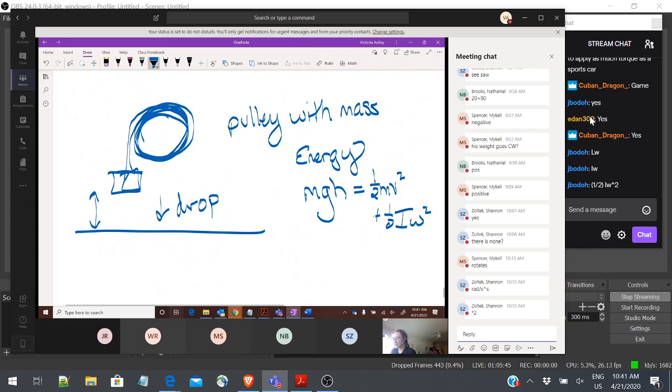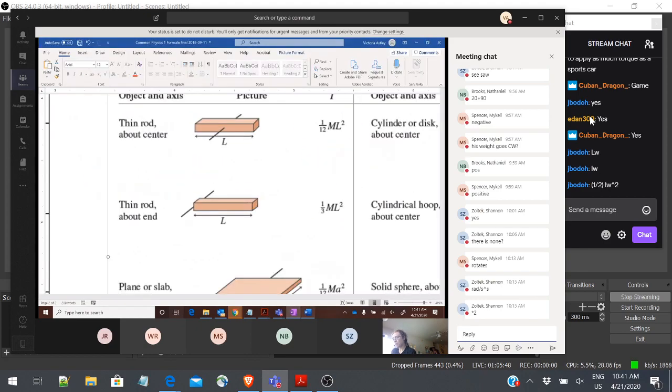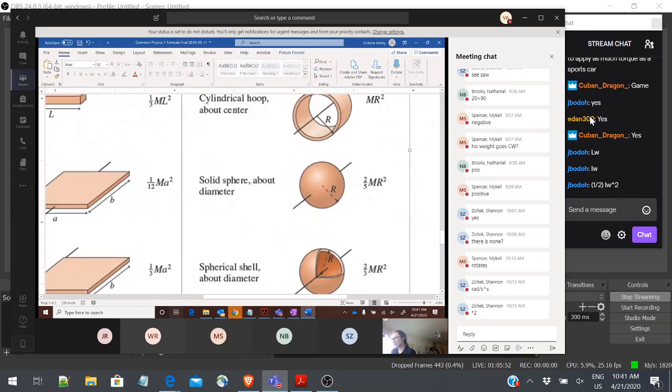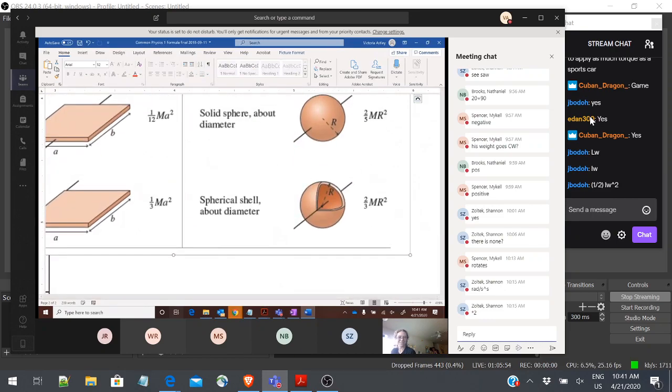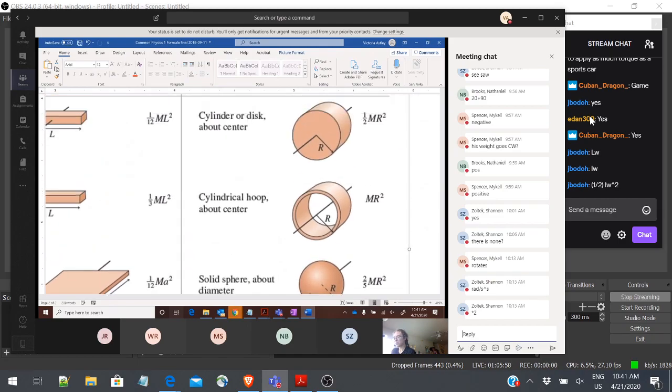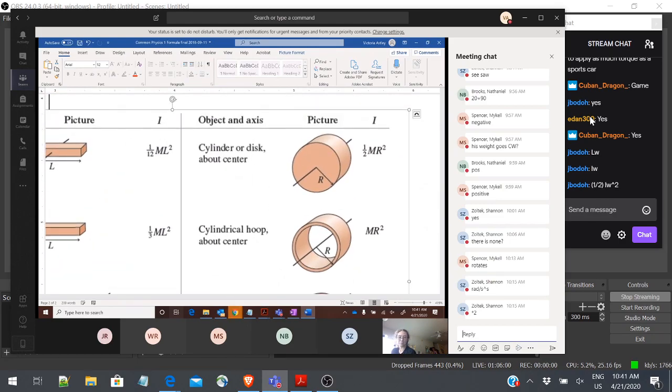So your I in this case would probably be for a cylinder about the center. It could be a sphere, but I don't know why you'd want a spherical pulley. So probably a cylinder, so you'd do 1/2 mr squared.